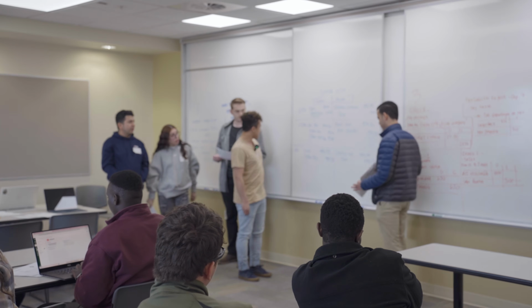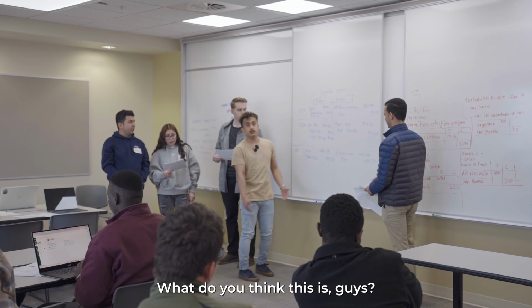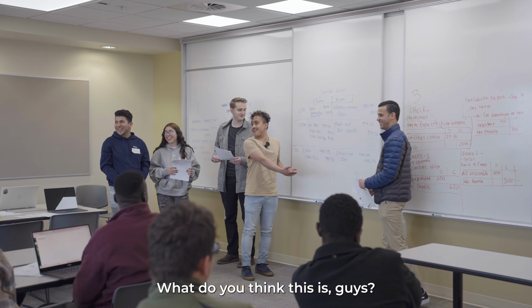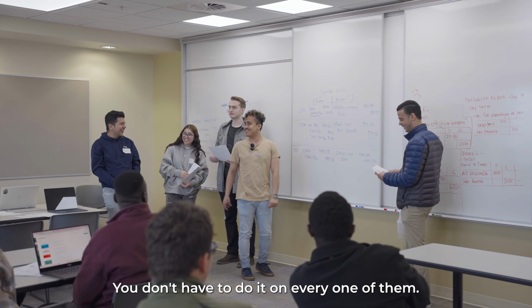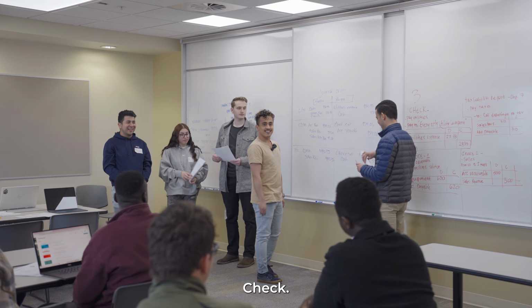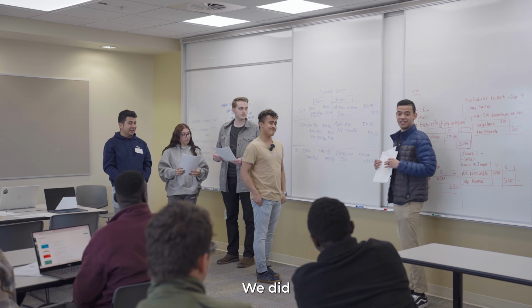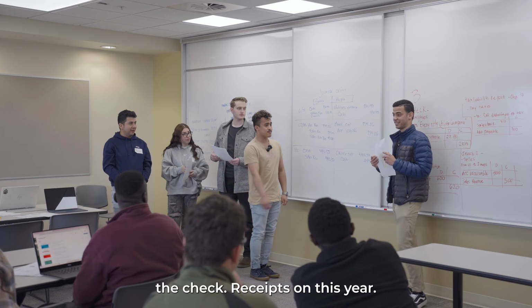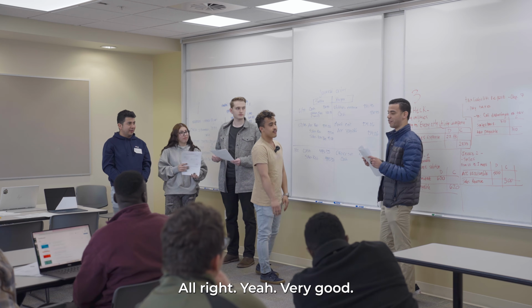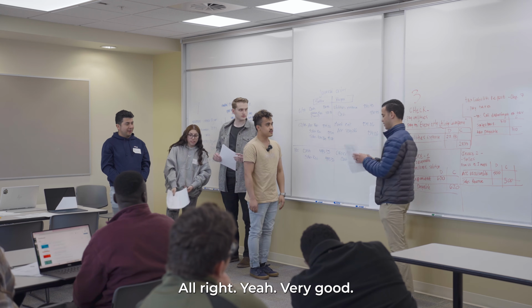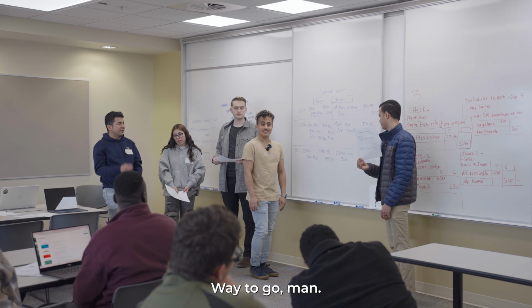154.06. And the last one, what do you think this is, guys? You know how to do it on every one of them. A check? We did the check. No, receipt on the payment. Yeah, very good. Sales receipt. Yep, way to go, man.